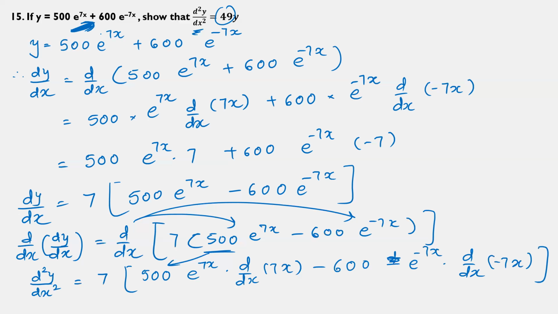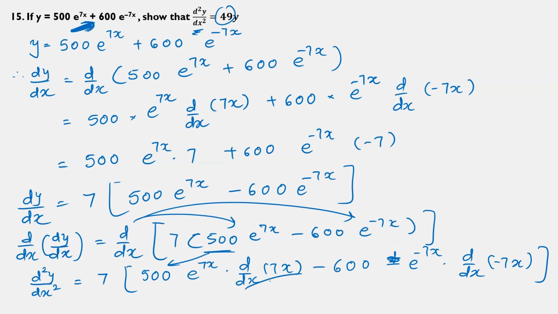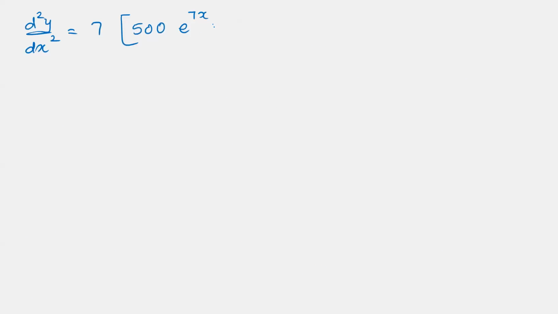That means d2y by dx2 is equal to 7 outside times 500 e to the power 7x into the differentiation of 7x, which is 7.